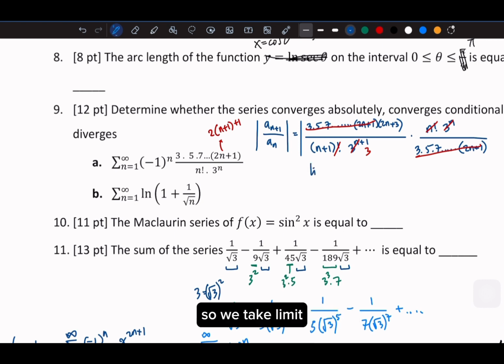So we take limit. We have 2n plus 3, right? Over 3 n plus 1. Okay.